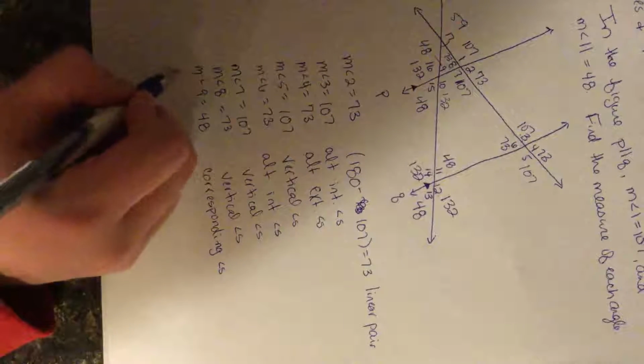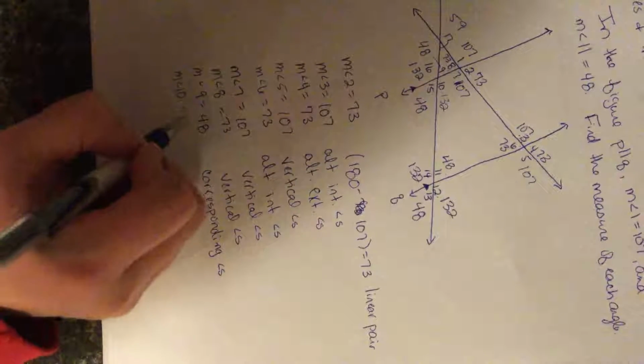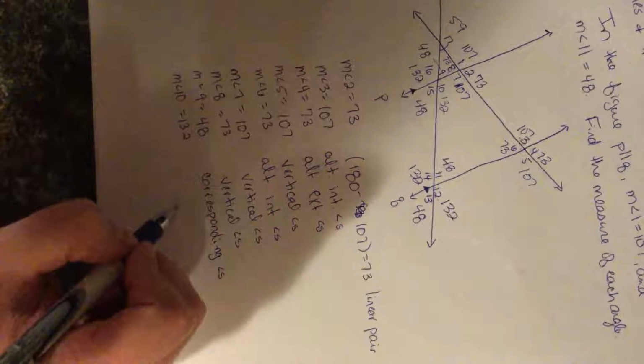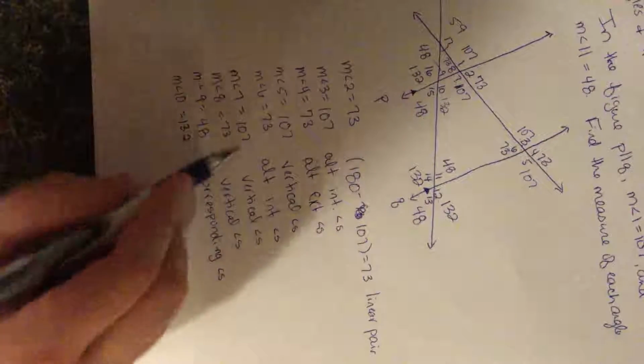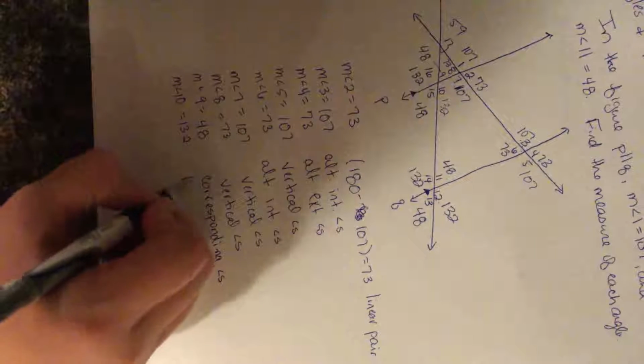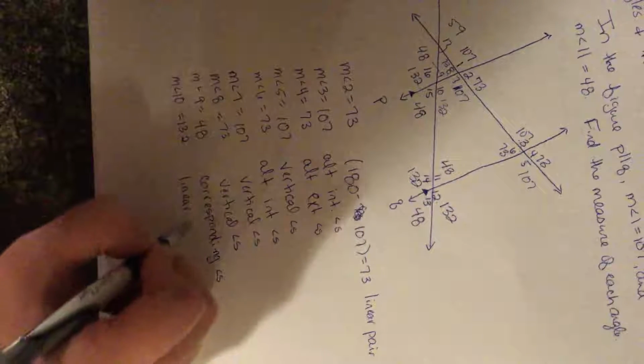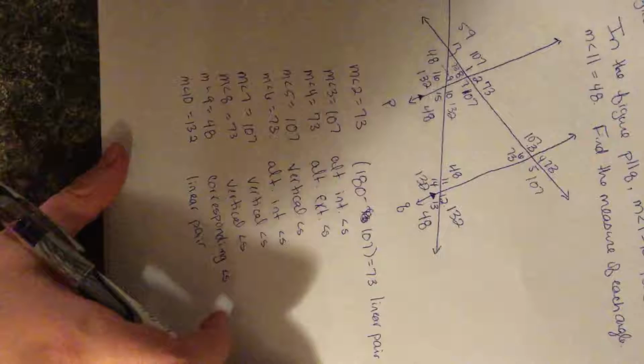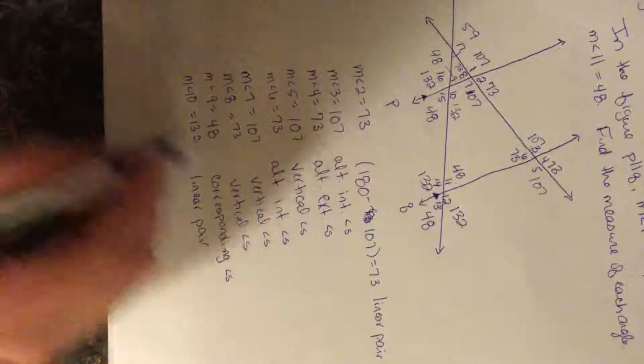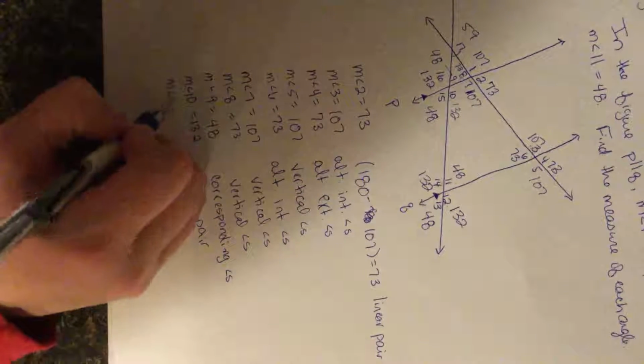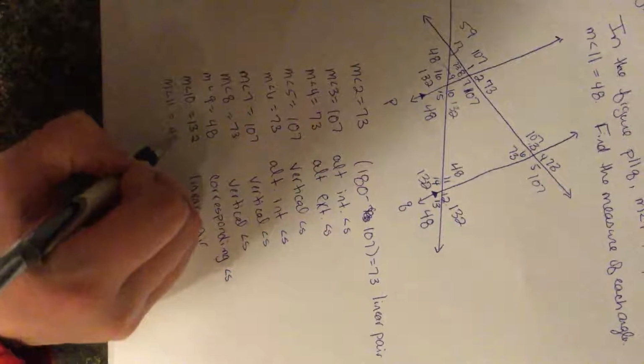Measure of angle 10 is 132, which you can do with a linear pair, so they had to add up to 180 degrees. Measure of angle 11 is 48, which was given.